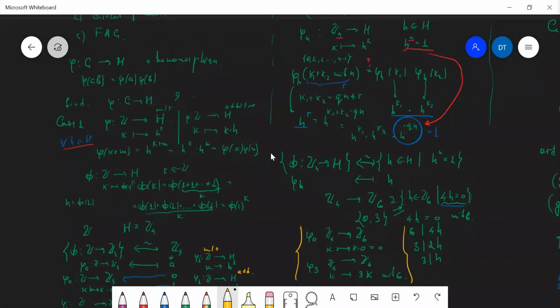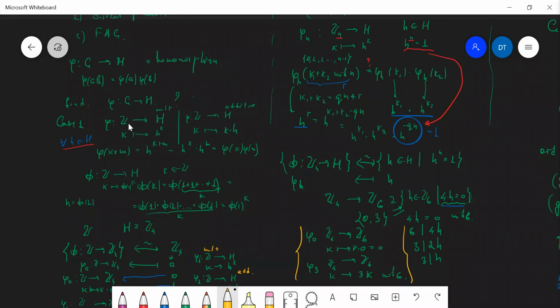Okay, so let's go. What happens here? When we describe homomorphisms from Z to H, H is an arbitrary group. Z is the group of integers with addition, and H is just any group, like the group of matrices with respect to addition, or GLN with respect to multiplication, like Z8 star with multiplication, or anything.